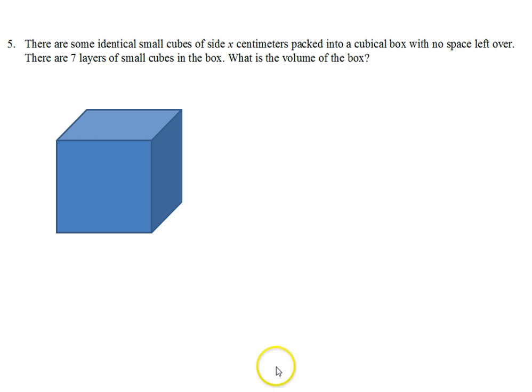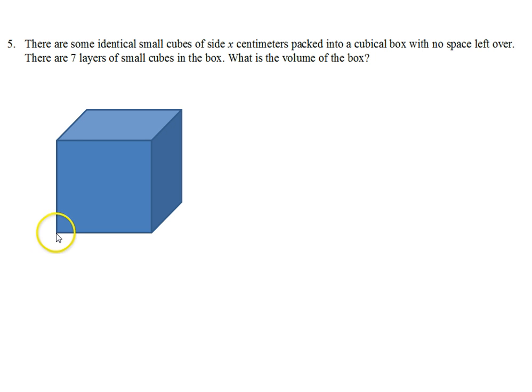So this is the large cube, okay? And then within this cube, there is a series of smaller cubes. And each of those smaller cubes are x centimeters long. So that means along this width here, there are 7 cubes, and each of those cubes are x centimeters.